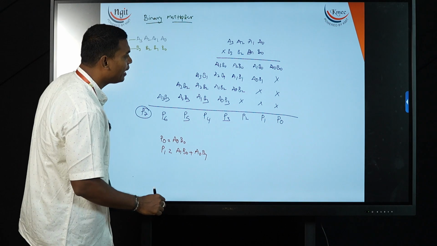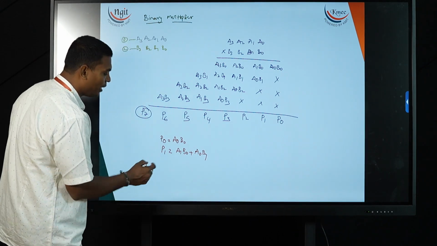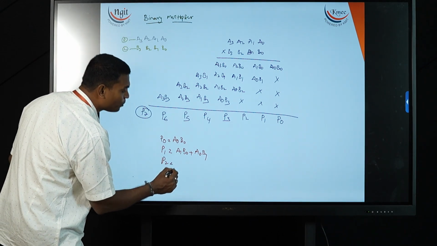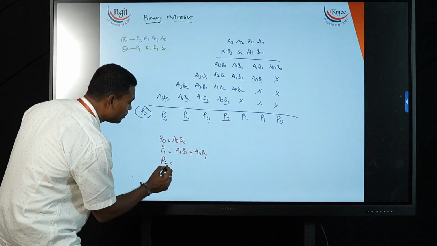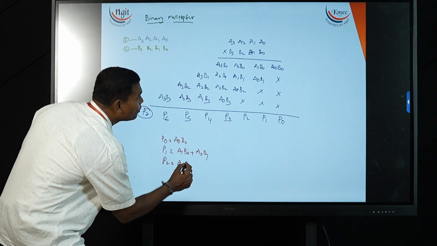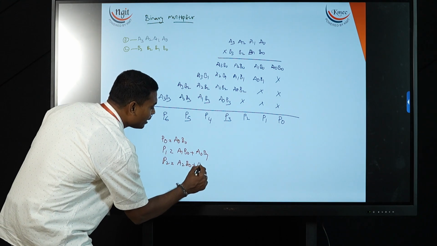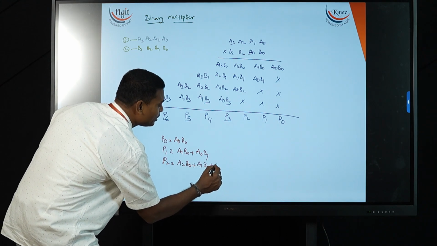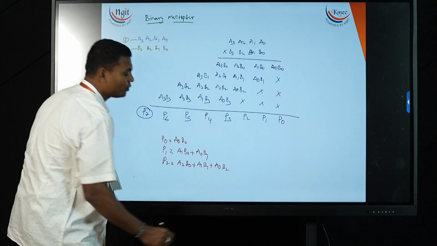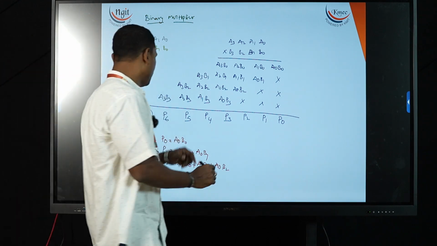Next, P2 has three terms: A2 B0 plus A1 B1 plus A0 B2. These are the terms we have for P2.